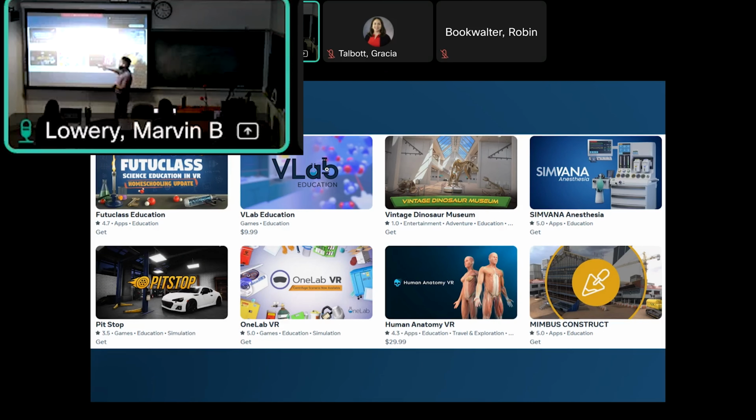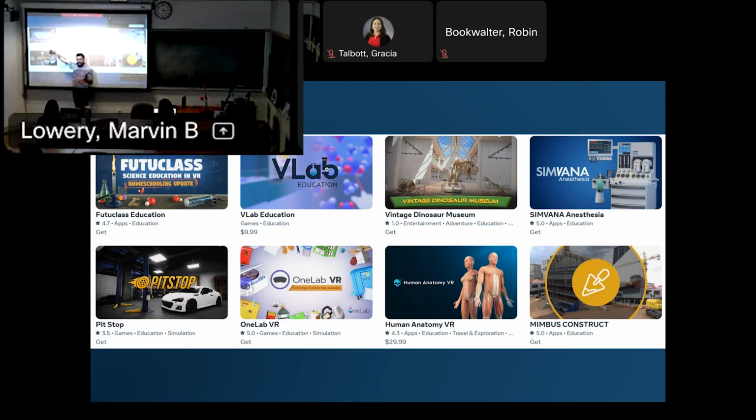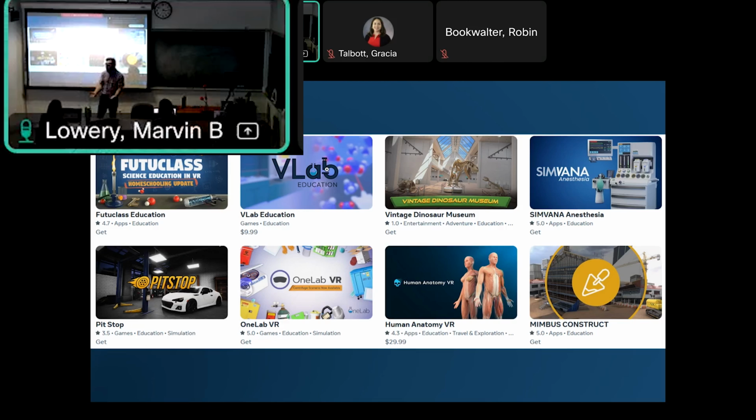But just to give you an example, this is a science and education homeschooling update. We're seeing that some of these labs are being recommended for homeschoolers who may not be able to go and order sulfuric acid at the concentrations required for a certain chemistry experiment, and can actually do this virtually.